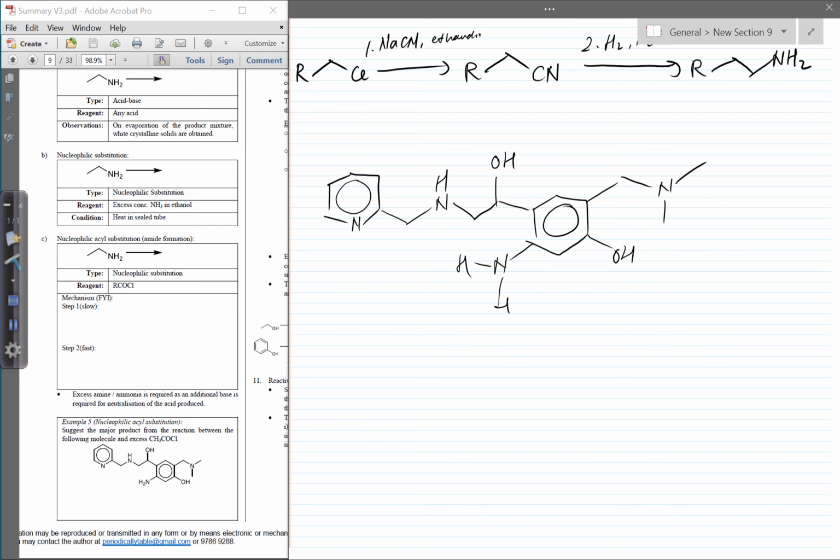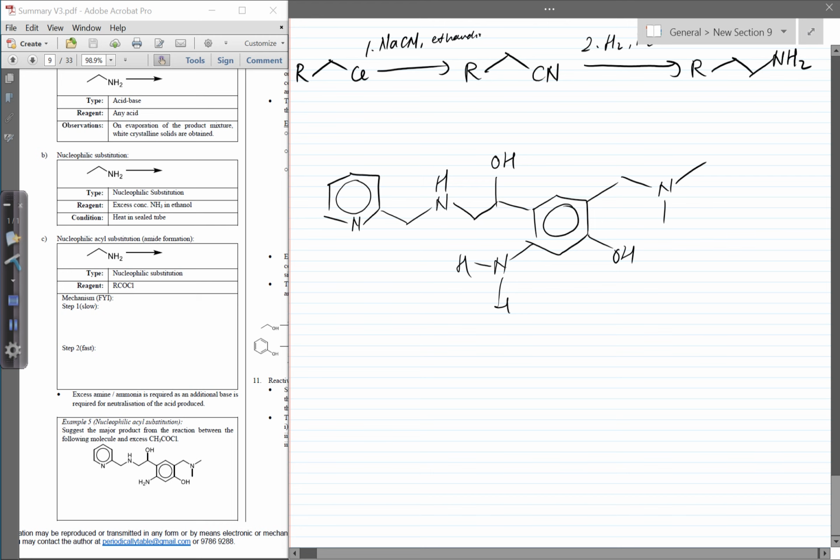Second nitrogen from the left. Does it react? Yeah, it does.